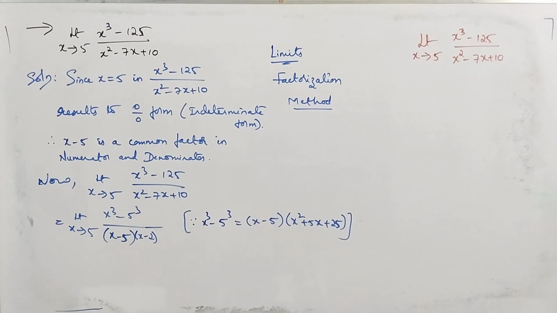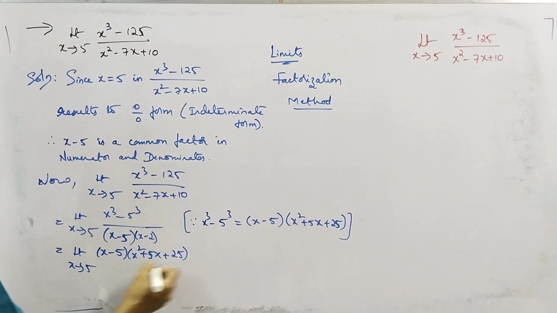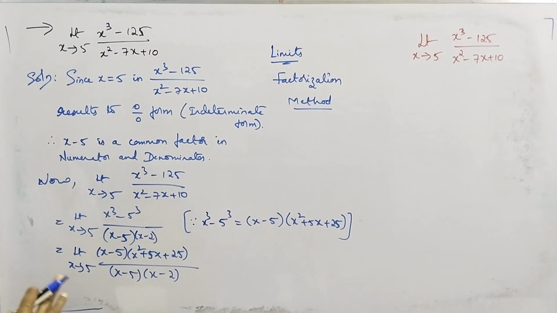Now the expression becomes limit x tends to 5 of x minus 5 into x square plus 5x plus 25 by x minus 5 into x minus 2, with the denominator remaining the same. So now cancel the common factor.